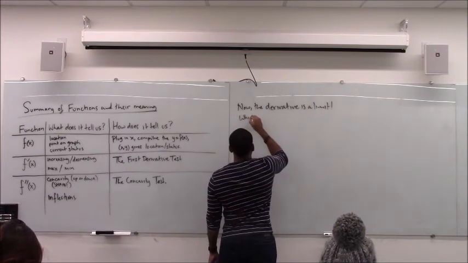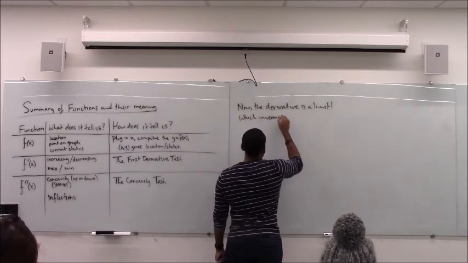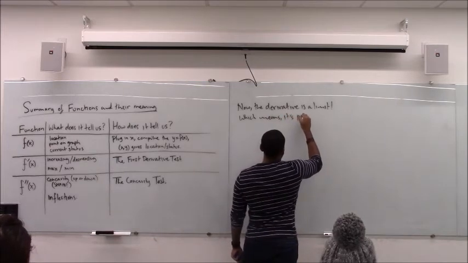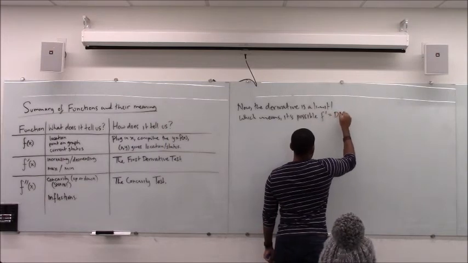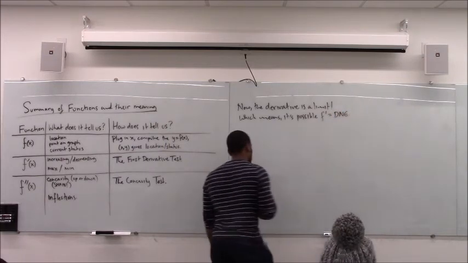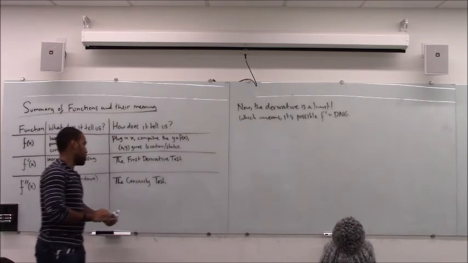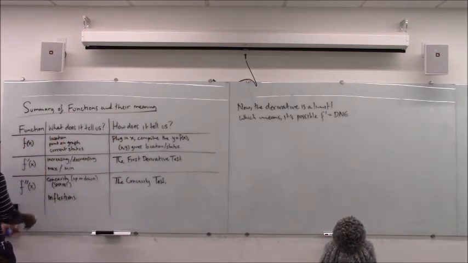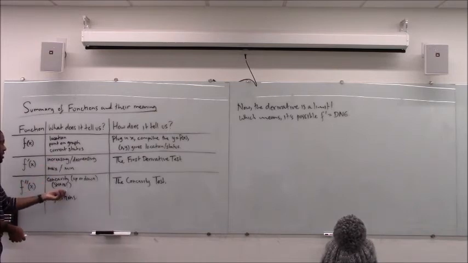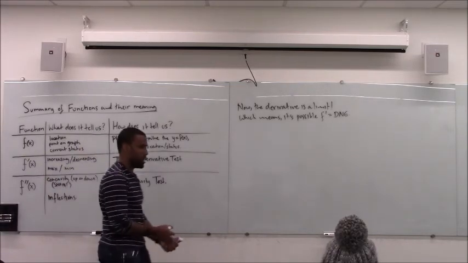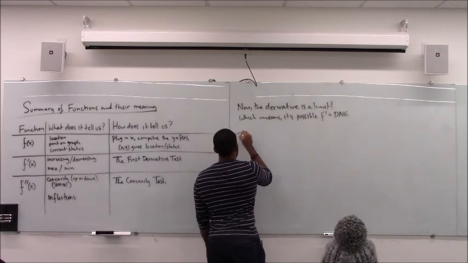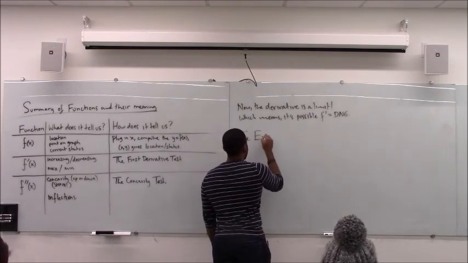Which means it's possible that f prime does not exist. So when would this be an issue? You know the derivative and the second derivative are very powerful in helping you identify these qualities on your graph or on something that you're measuring. But how do you even know that it's possible for you to find them in the first place? Well, that's what we're going to talk about now, the existence of the derivative.